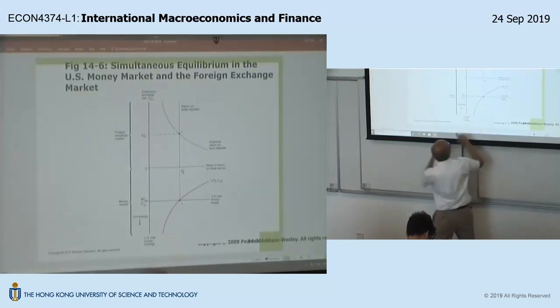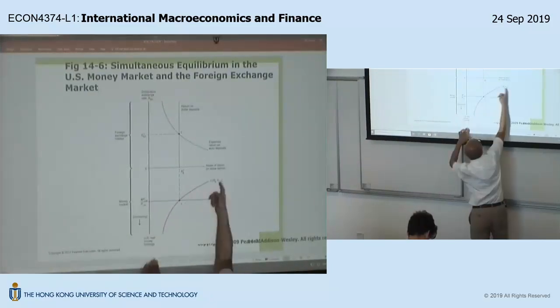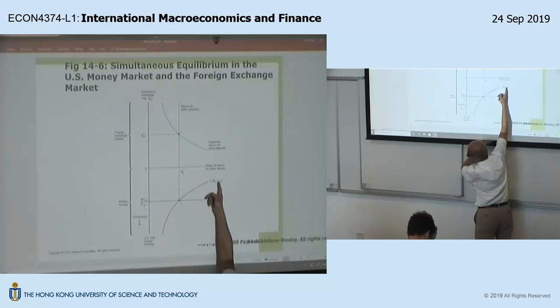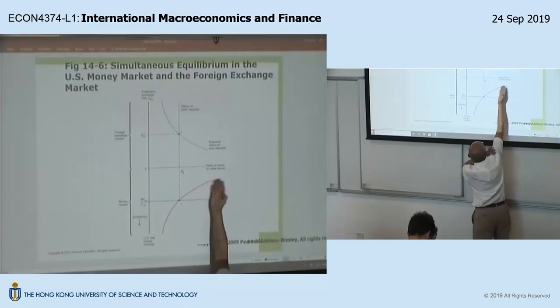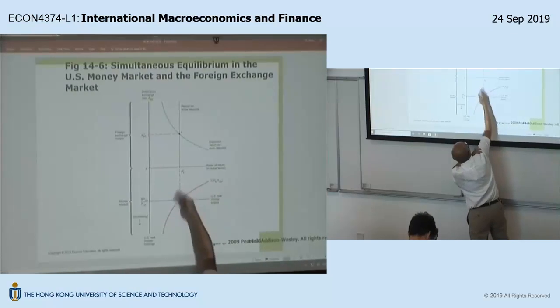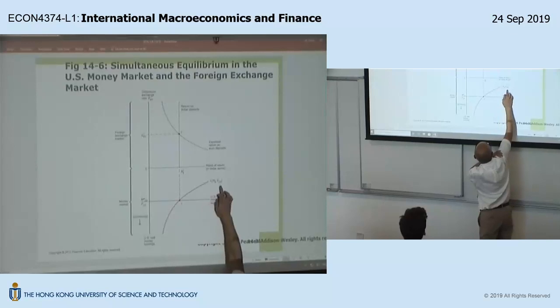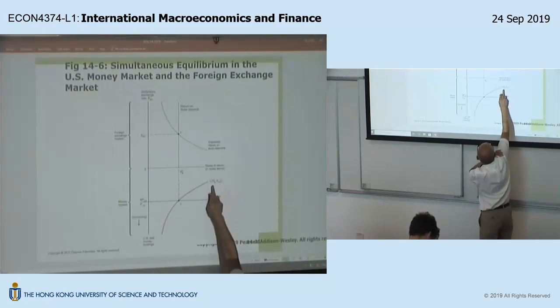So here, this is the real money demand in the U.S. Because this is the interest rate, it is downward sloping with respect to the interest rate, negatively related. This is the U.S. GNP, U.S. interest rate.